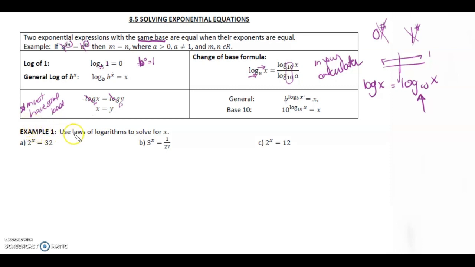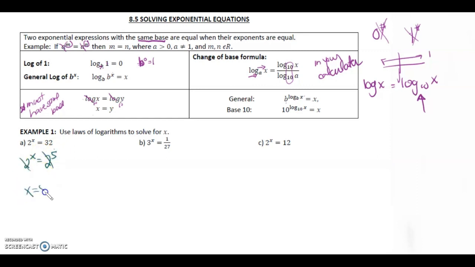Okay, so example 1, use the laws of logarithms to solve for x. We have a variety of approaches in this lesson. For a, 2 to the x equals 32. I'm going to do what's straightforward. I'm going to say this is 2 to what exponent? 5.